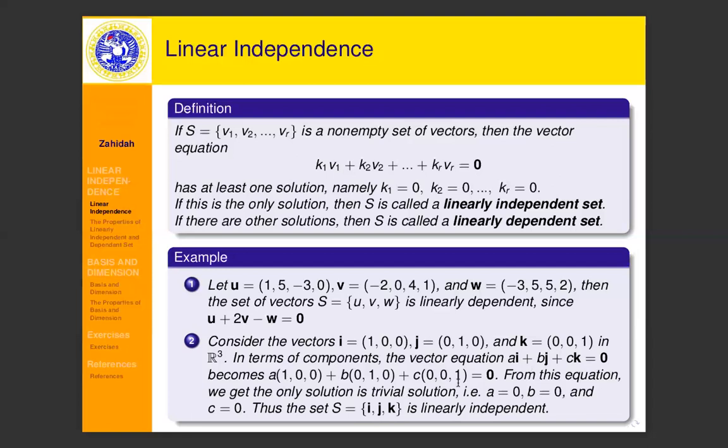And then you have a system, right? a, b, and c equals to 0 vector. From this, we get the only solution is the trivial solution, or a, b, and c are 0. This is the only solution. Since this is the only solution, we conclude that the set S, I, J, K is linearly independent. We have no other solution.